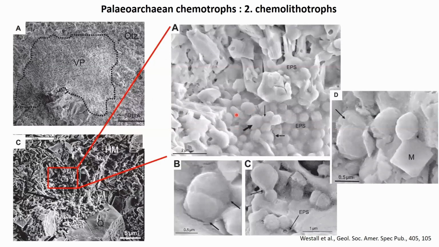If we look more in detail at this carpet, you can see the edge of the carpet here, abutting the phyllosilicates that are the replaced remnants of the volcanic particle. But you can see two size ranges, a smaller one, a larger one. They are in cell division. There's a kind of film coating them all.